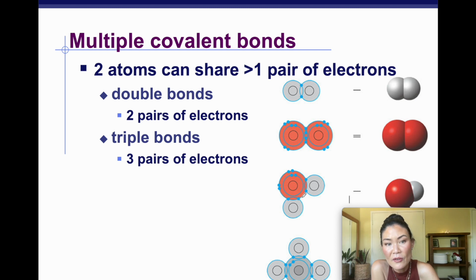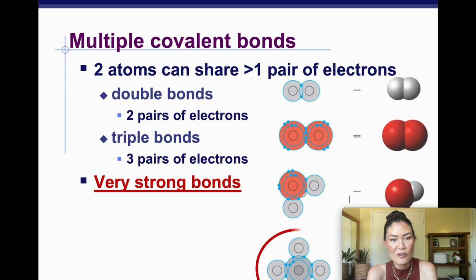In that case, we call them double bonds or triple bonds. And those bonds are very strong. Double bonds and triple bonds are extremely strong because they're sharing more electrons, and it would be more difficult to pull them apart.